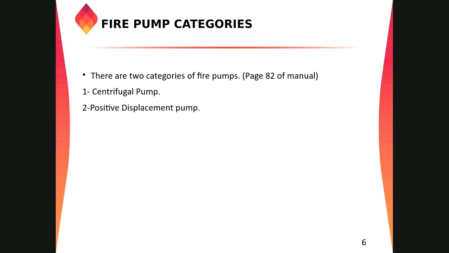NFPA 20 directly says it is only for stationary fire pump units, so that is totally out of this case. But again, if you need high pressure, we have to go with the positive displacement pump, because fire trucks need the pressure in high quantity. So positive displacement pumps may work well for those applications.